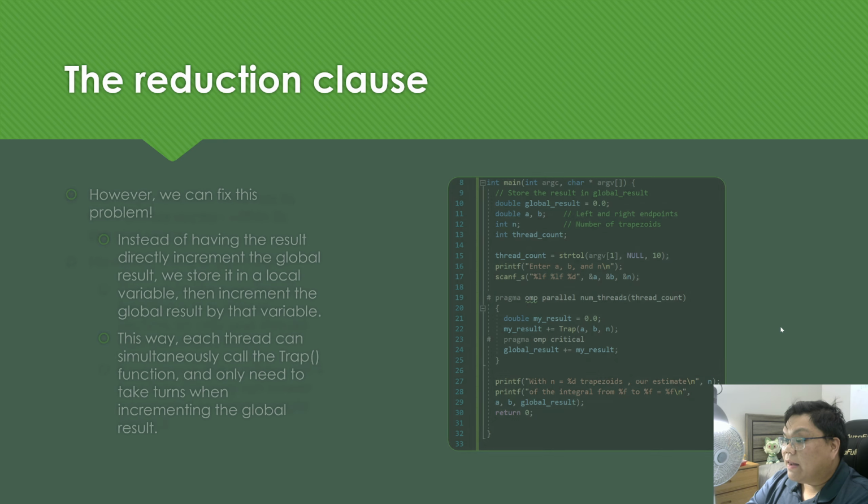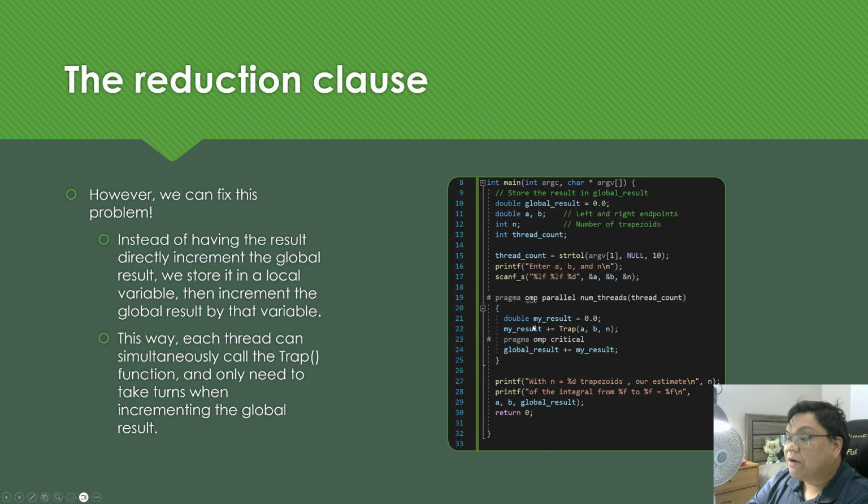Well, we can rewrite it as follows. So my_result equals 0. Now we have defined another variable that each thread is going to have private access to. We are going to increment that by the return value of trap, so however long this thread takes to execute the trap function.